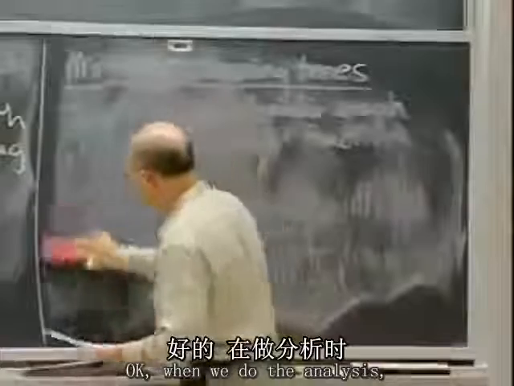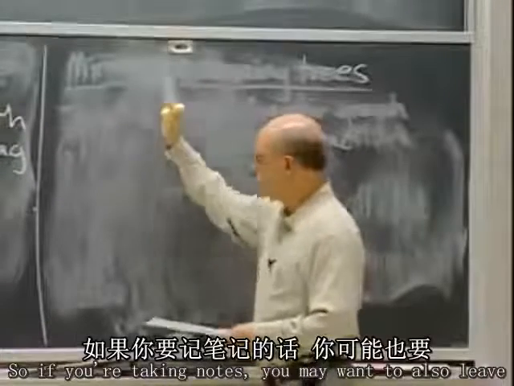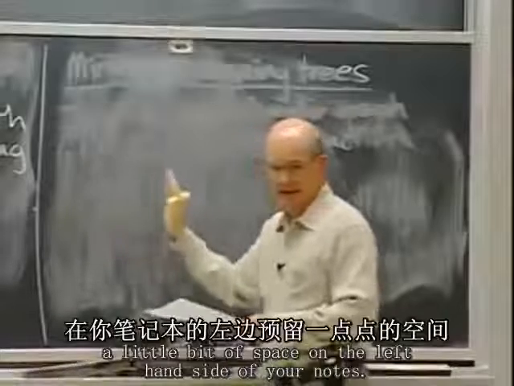When we do the analysis, I'm going to write some stuff on the left-hand side of the board. So if you're taking notes, you may want to leave a little bit of space on the left-hand side of your notes.